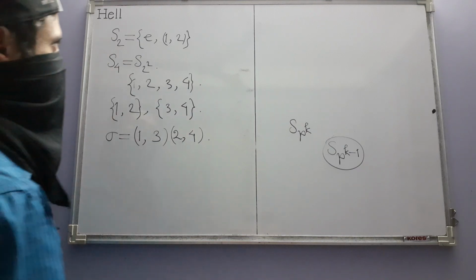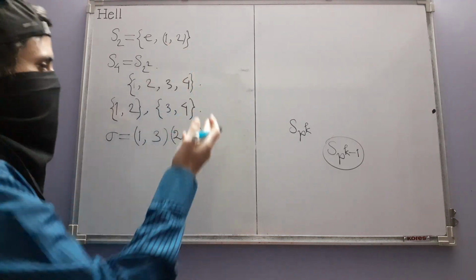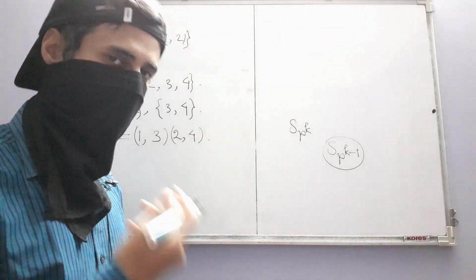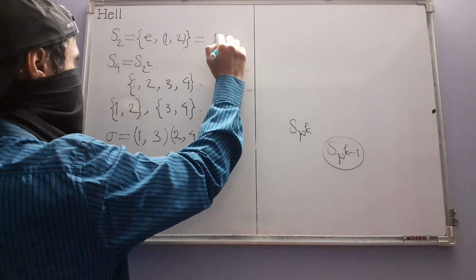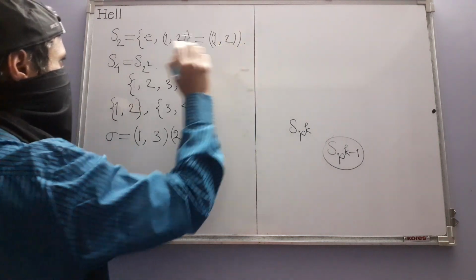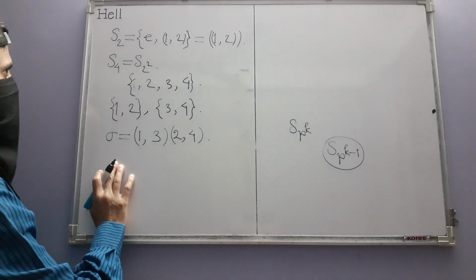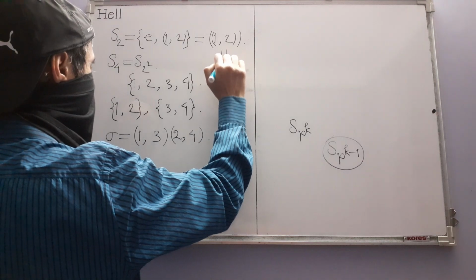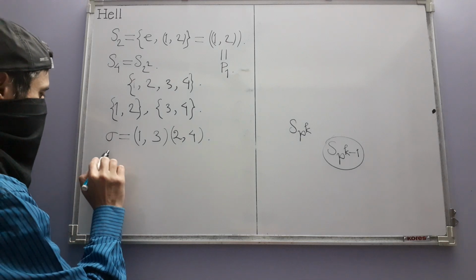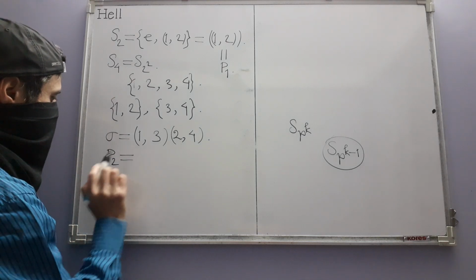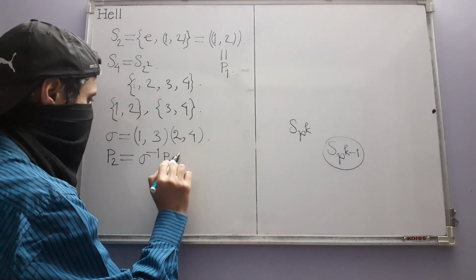And then we would need a p-Sylow subgroup of S2. Now because S2 has order 2, its only p-Sylow subgroup is itself, which if you want you can also treat as the cyclic group generated by this transposition. It is just S2, that's it. So you call this P1 and then according to our scheme we have P2, which is sigma inverse P1 sigma.